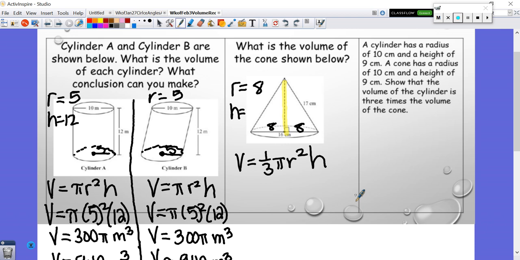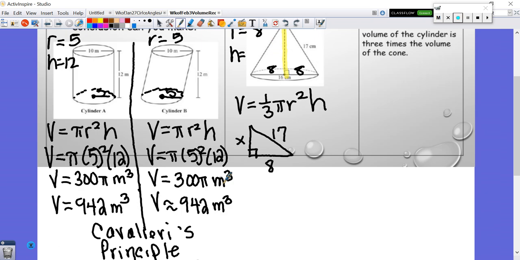So we have to do some side work. In order to answer this question, I'm going to draw this triangle because I need to figure out the height. So it told me that this side is 8, this side is 17, and I find the height here, and I put my right angle there. Then the question is, what type of triangle is this? This is a right triangle. So guess what?